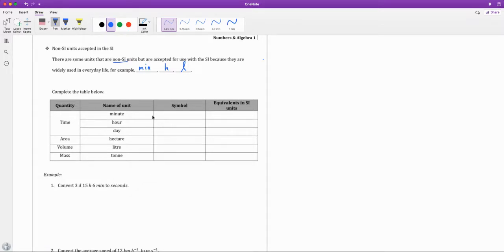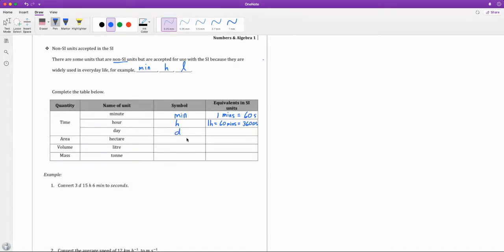We have time, minute, so the symbol is min, equivalent 1 minute equals to 60 seconds. Second is the SI unit for time. Then we have hour. The symbol is h. 1 hour equals to 60 minutes equals to 3,600 seconds.